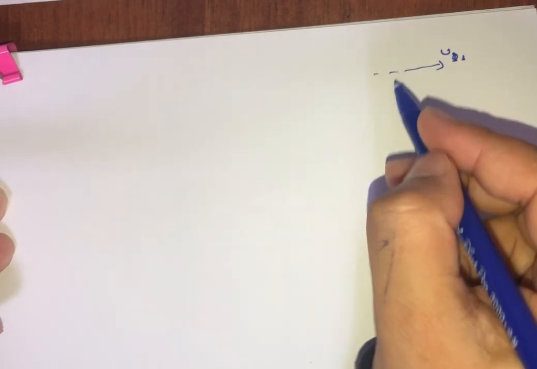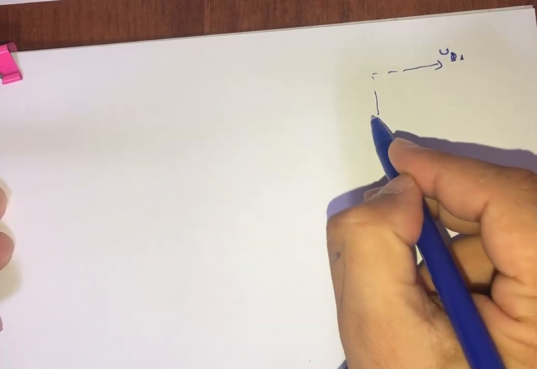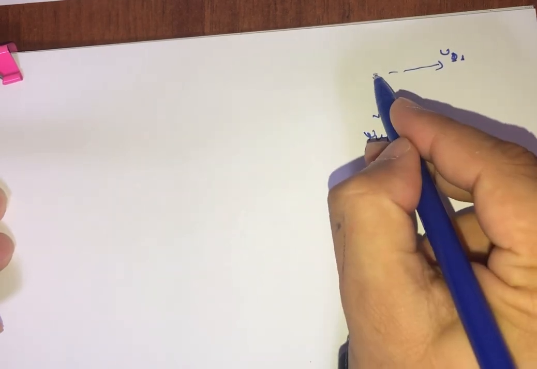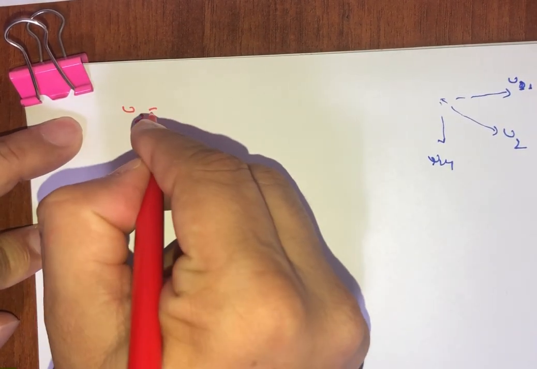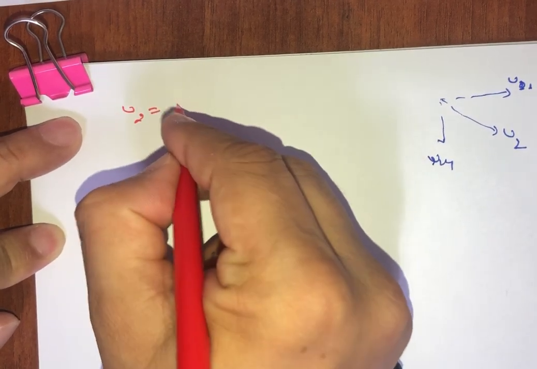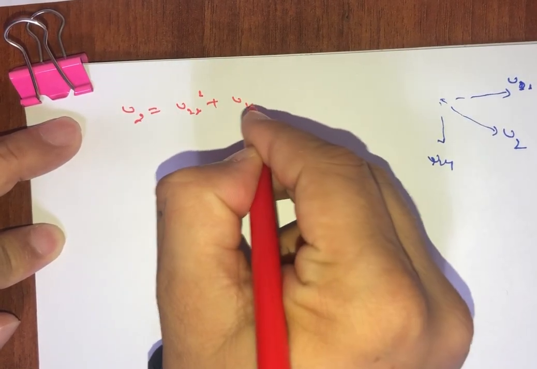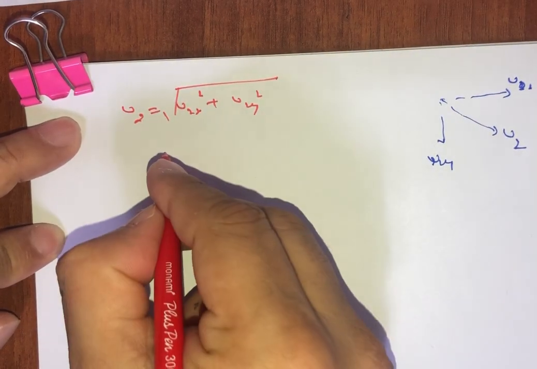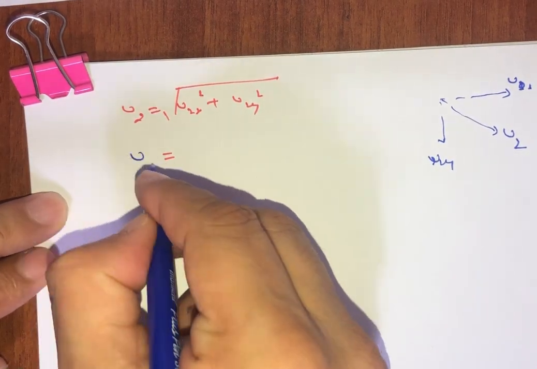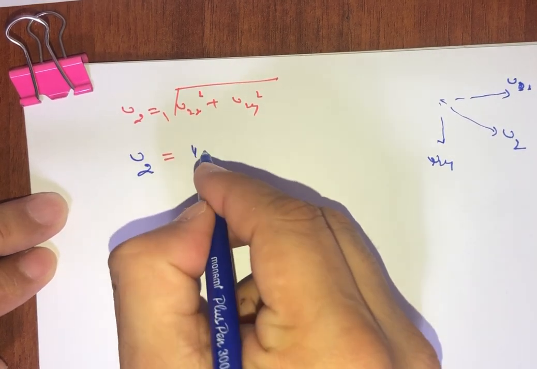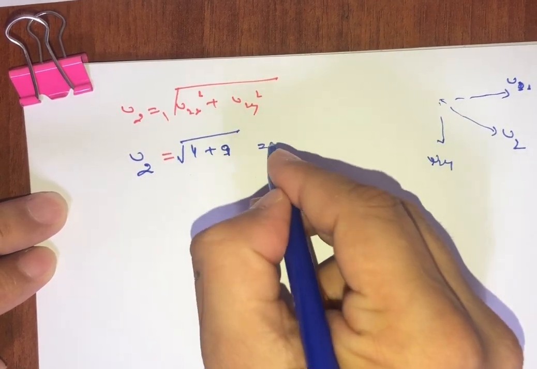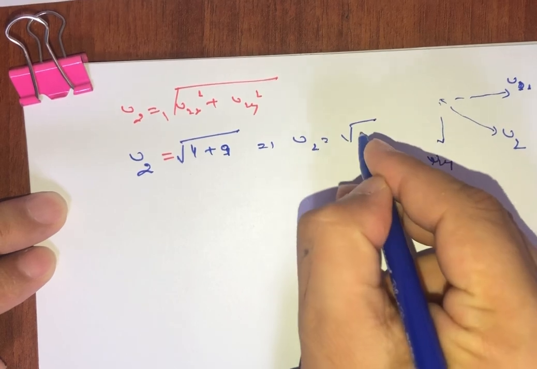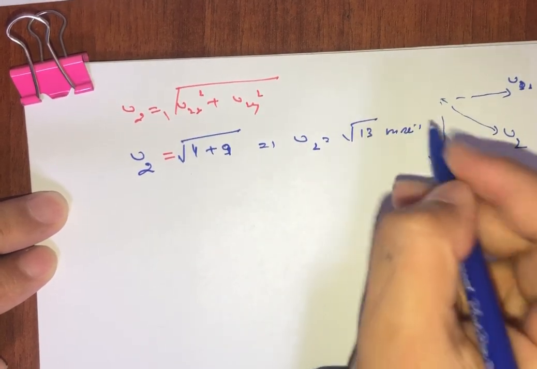The resulting velocity, let us call it v2, will be somewhere in this direction. So v2 will be equal to the square root of v2x square plus v2y square. Substituting the values, we get the square root of 4 plus 9, so v2 is equal to square root of 13 meter per second.